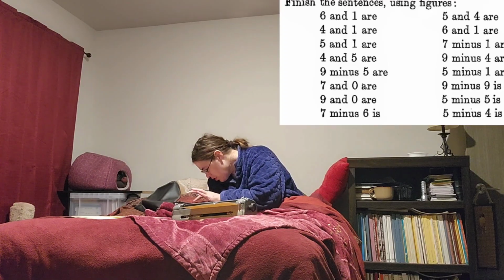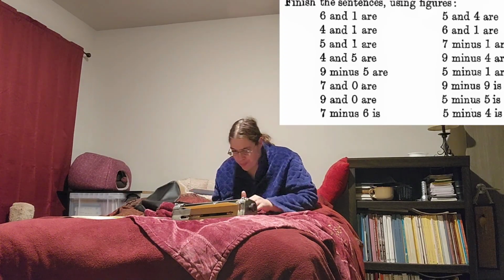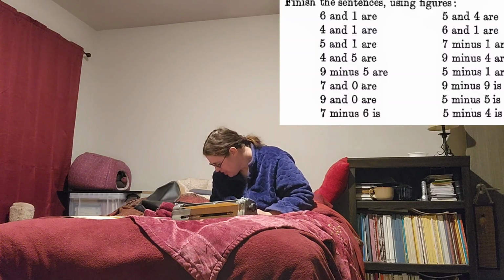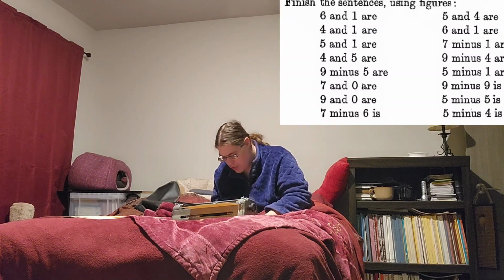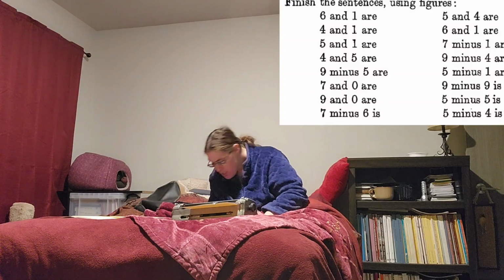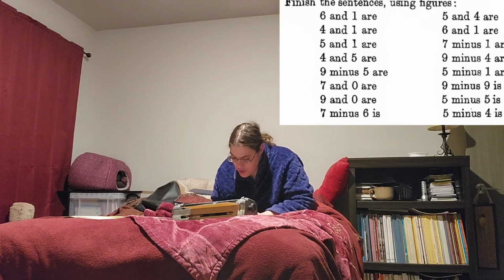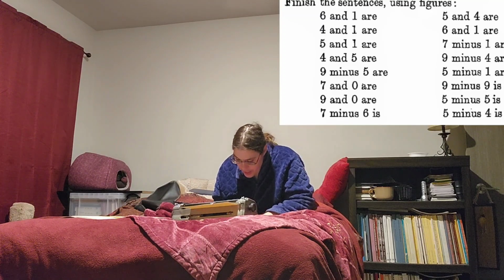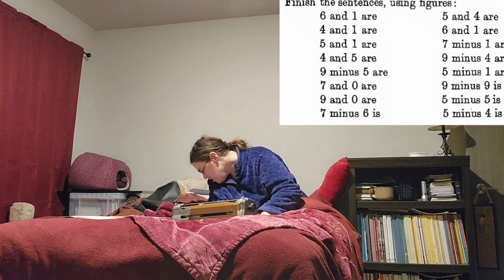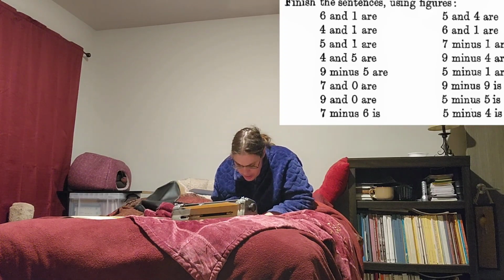When I posted the Brailler video, I wasn't sure where the backspace was, but it's on the right side. The enter key is on the left side. 5 minus 5 is, you do number sign 5, M, and then INUS, number sign 5 is IS.